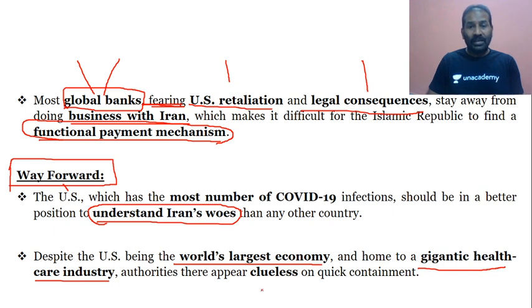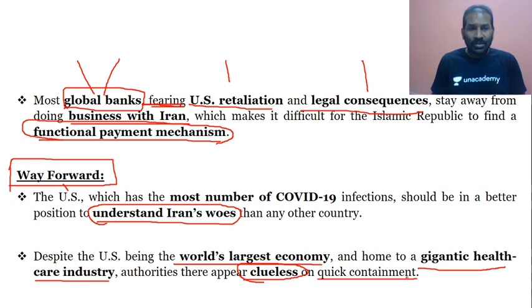But still, at this moment, because of the pandemic of SARS-CoV-2, the US itself is clueless on how to contain the virus, how to make sure that the spread of the virus does not take place, or how to stop individuals from being infected by SARS-CoV-2. So being the world's largest economy, having a gigantic healthcare infrastructure and having many death cases, the US itself is clueless.